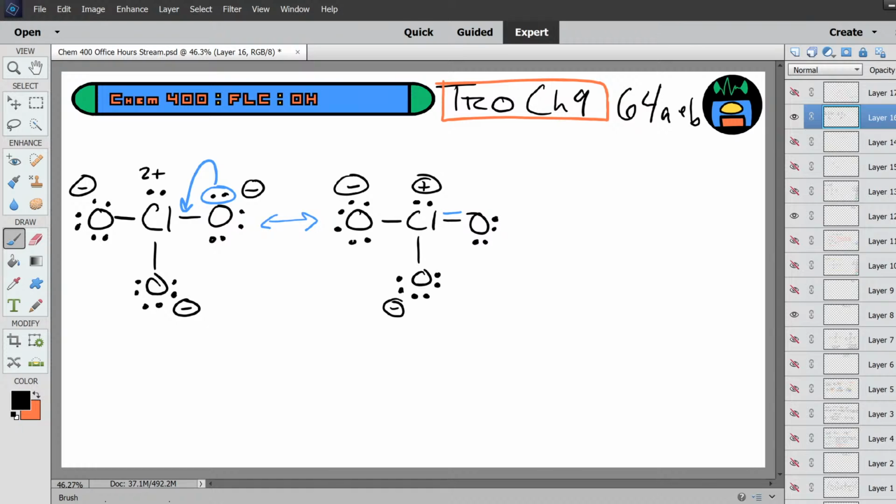We've gotten rid of one positive and one negative, but we still have the same scenario. We have a negative charge on oxygen, a positive charge on chlorine, so we can minimize formal charges once more. If we take this lone pair and make it a multiple bond, we can get another resonance structure with again a minimized formal charge.